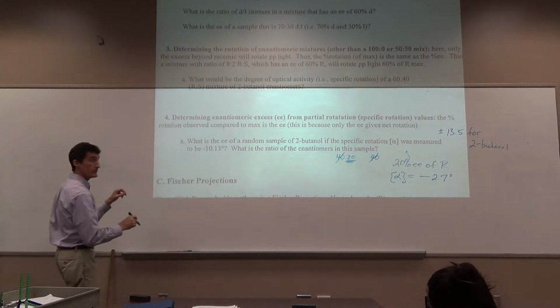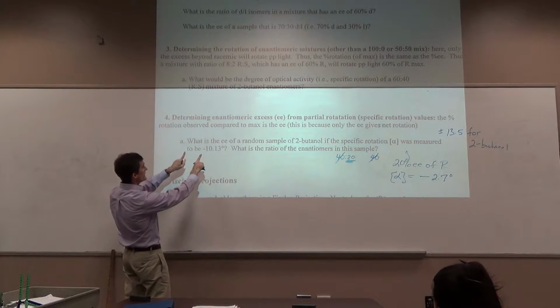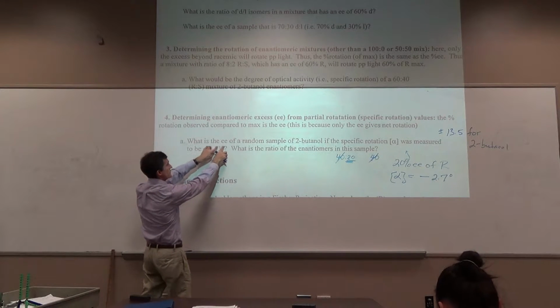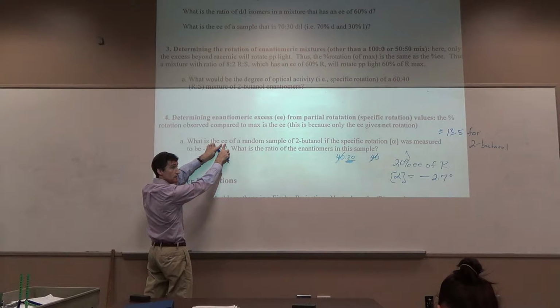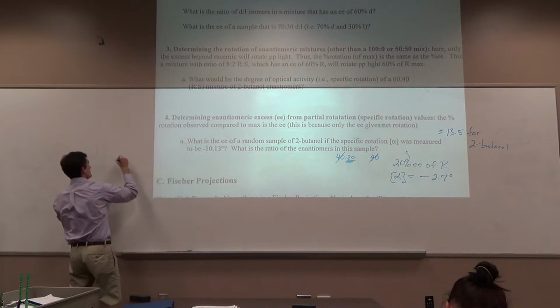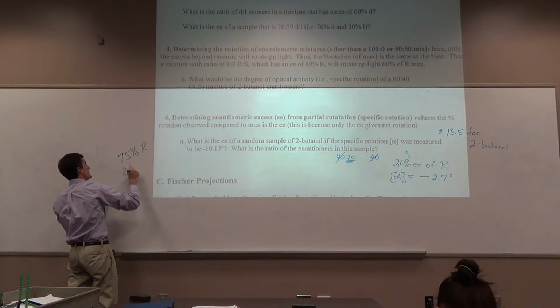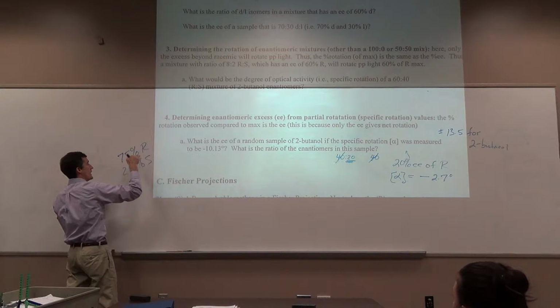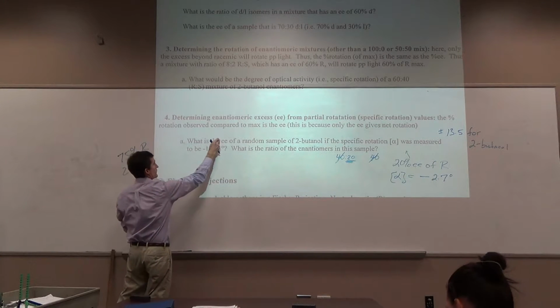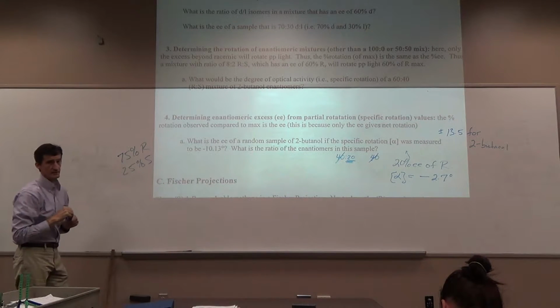Is it 75? What does it say here? What is the EE? You're saying the EE is 75? No, 75% R. 75% R? Yes. That means it's 25% S. But the question is, what's the EE?